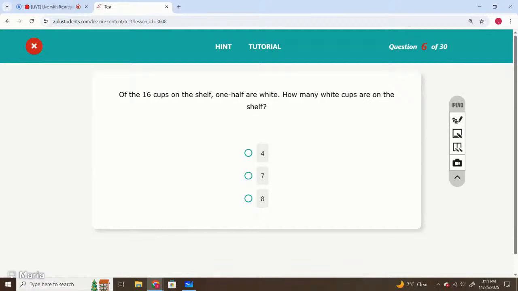Of the 16 cups on the shelf, one half are white. How many white cups are on the shelf? So which is the correct option?